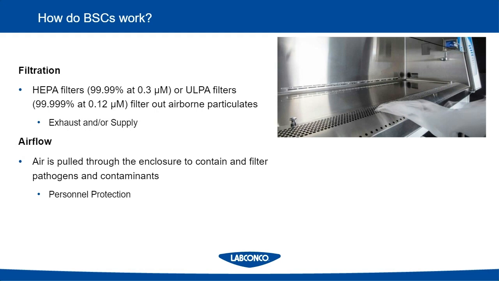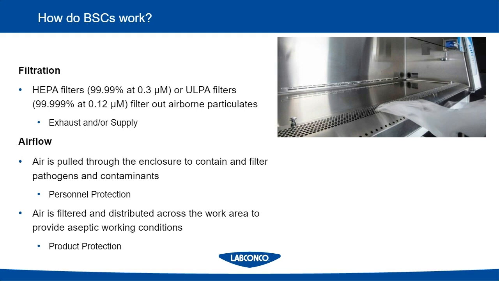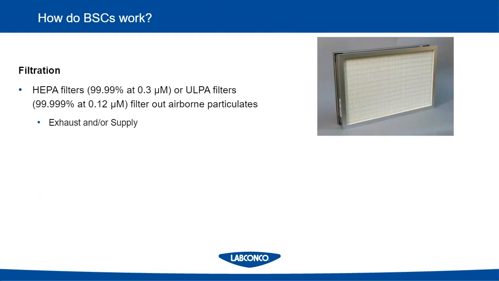A Class II biosafety cabinet is very similar in that it has an inflow air to protect the operator, but it also has HEPA filtered downflow air. So this protects the sample from any contamination as well. So Class II biosafety cabinets protect both personnel and the product or research that's being done inside the cabinet. They have two HEPA filters, a supply and exhaust HEPA filter.